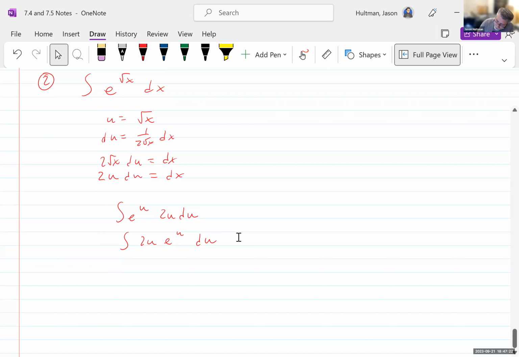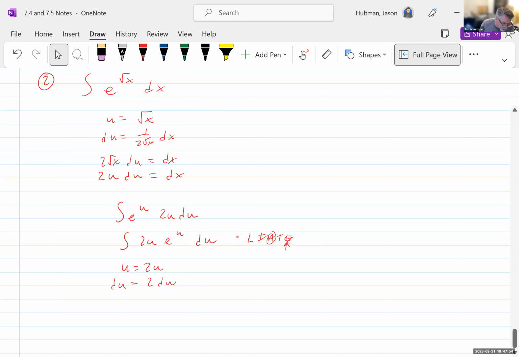Okay, so using LIATE, the exponent is the last, so I don't want that one. I'm going to use the algebraic, which is first. So I'm going to let u equal 2u. It's kind of weird to let u equal 2u, but that's okay. We'll just go with it. And then du is equal to 2 du.